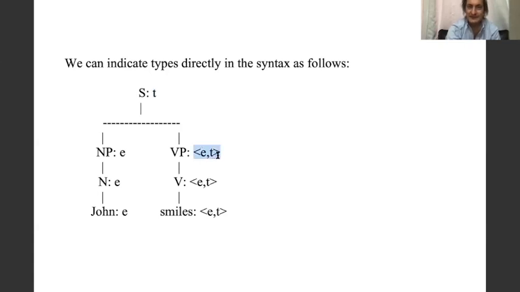So this ET type is a function that takes an E-type expression and gives back a T-type expression. If the types start to work out properly in semantics, they always have to have this character. One of the types has to be a function that can combine with the other type as its argument to yield what that function gives you.